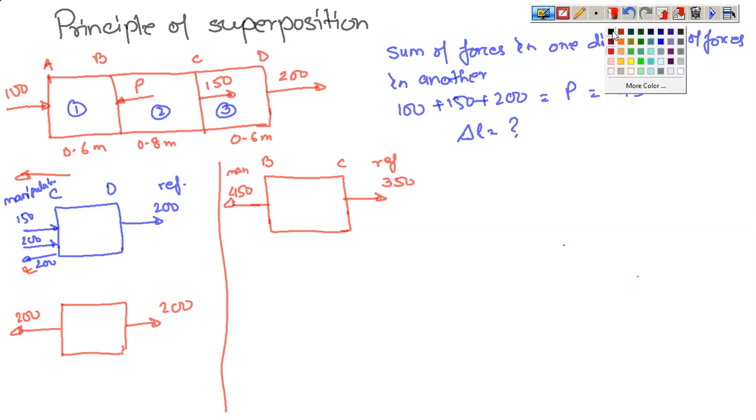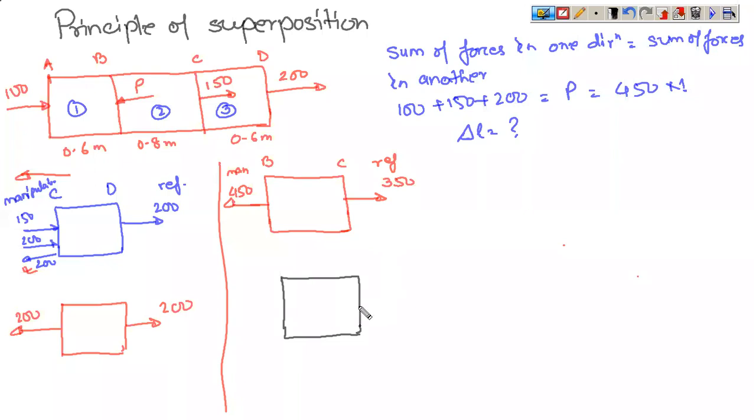The reference and manipulator you need not write in your examination. I am showing it to you for practice only. So here you have 350, and you add 350 and subtract 350. So this 350 and this 350 are used up.